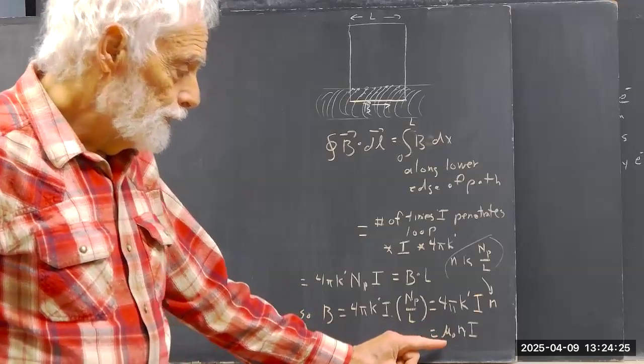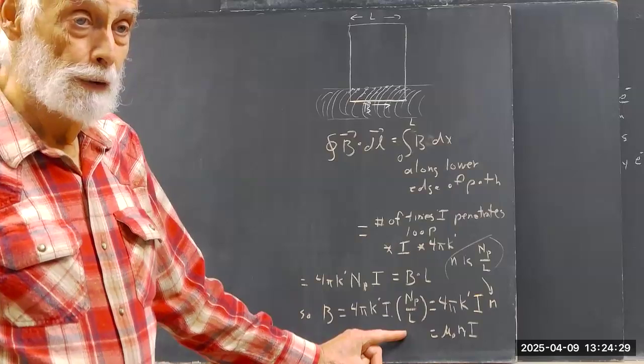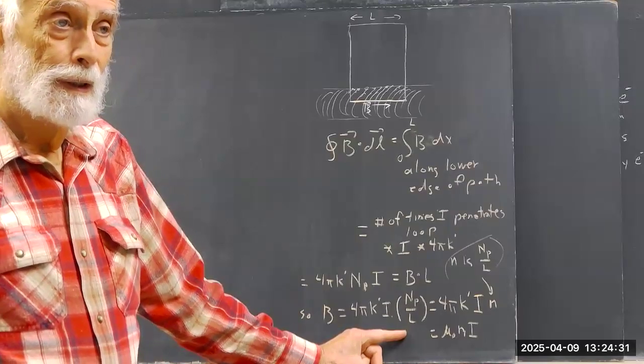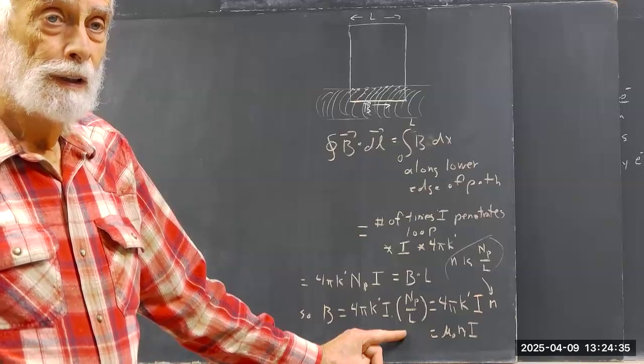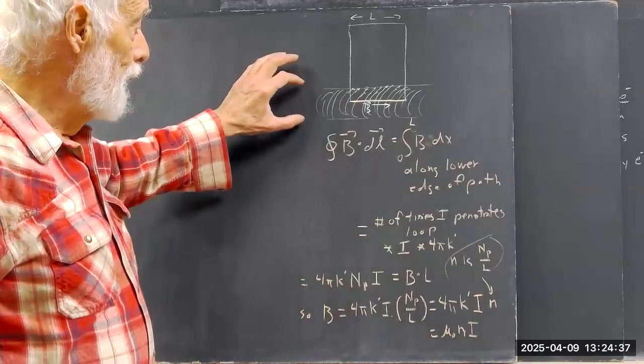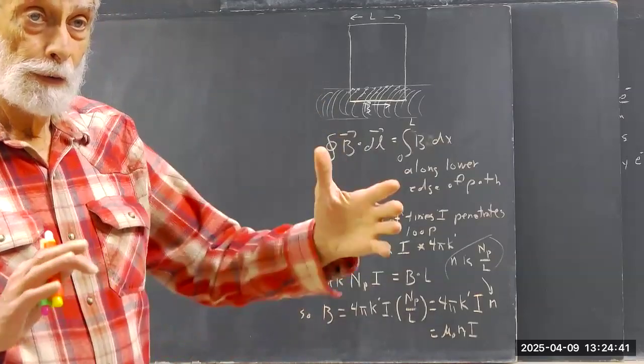And you note the standard formula has the advantage that it doesn't involve the length of the solenoid. This applies within the solenoid to any point that's not very close to one of the edges, to one of the ends.